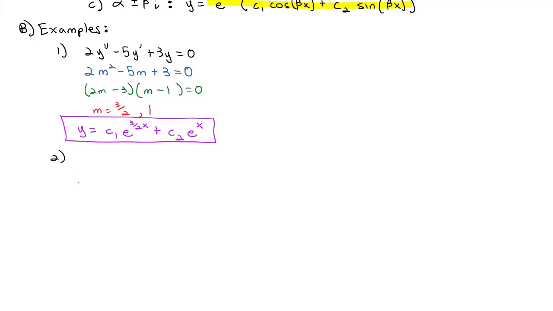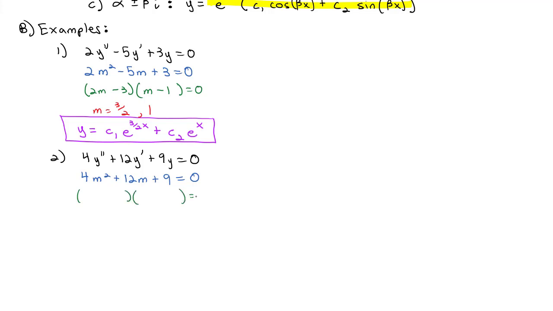Let's try another example. Let's try 4y'' plus 12y' plus 9y equals 0. Again, we'll look at the auxiliary equation where the primes get changed to exponents. 4m squared plus 12m plus 9 equals 0.